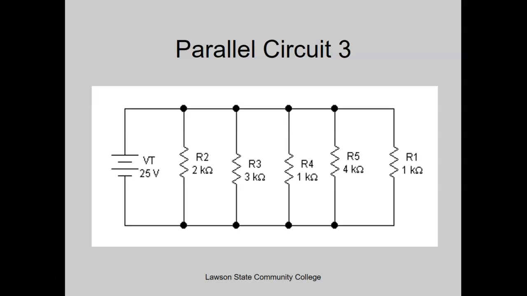Next thing I need to find is my conductance for each one. So what is my conductance for 1K? 1,000 to the -1 should give you 0.001, or 1 milli.